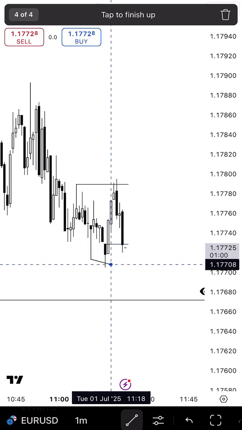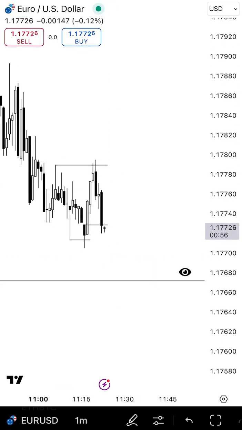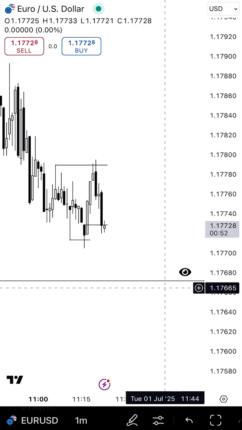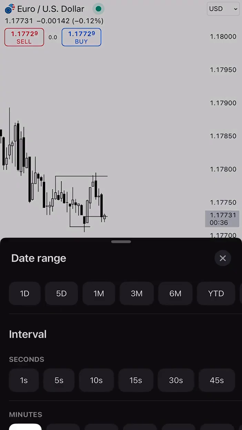Right, the draw liquidity is paramount. It comes first. So this icon is where price is going to dump viciously. Right, so we ignore all bullish patterns on the way down to a bearish target, and we ignore all bearish patterns on the way up to a bullish target.